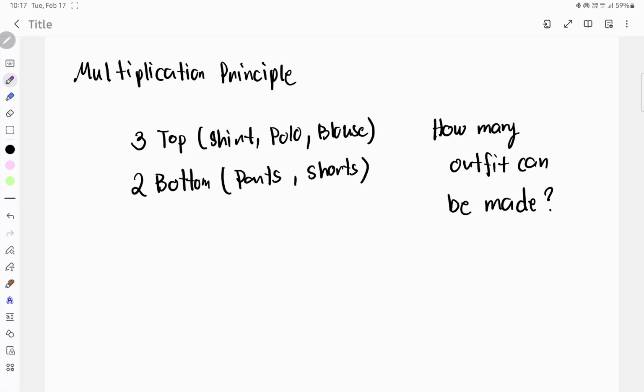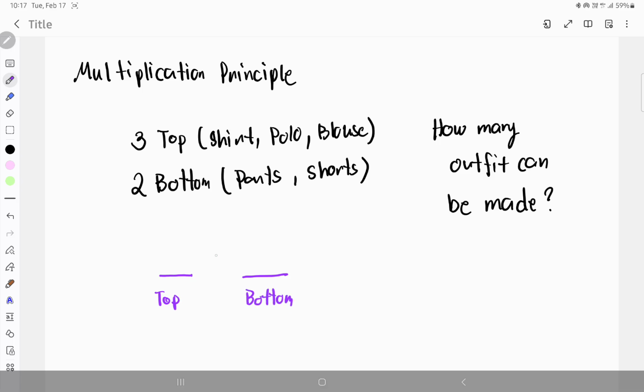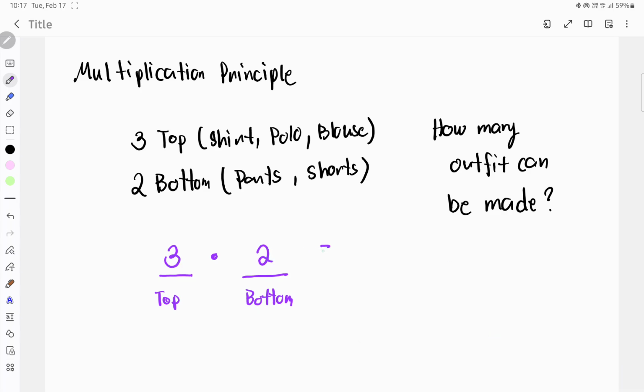You work with 2 blanks: this is your top and this is your bottom, and you multiply. How many tops do you have? 3, and then 2 bottoms. So the answer is there are 6 outfits that can be made.